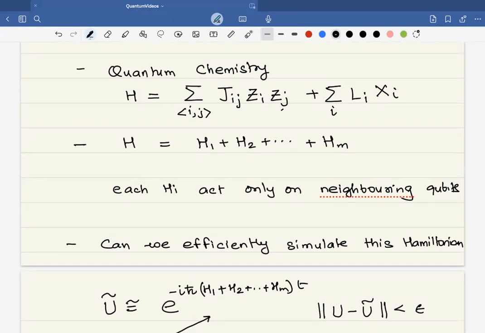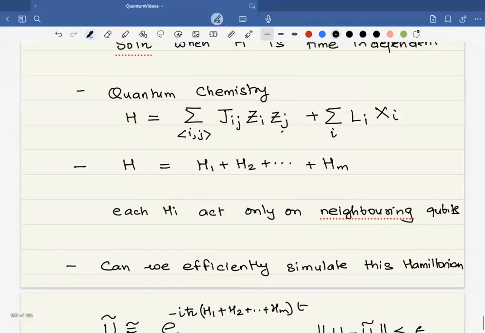The way to do it is to write down the Hamiltonian and then write the unitary as e to the i H t, where t is the time that you want to simulate the Hamiltonian for, and then use the Lie-Trotter product formula to write the Hamiltonian as a sum of local Hamiltonians, and then write them as local gates acting on at most 2 qubits. There are other techniques to do this.